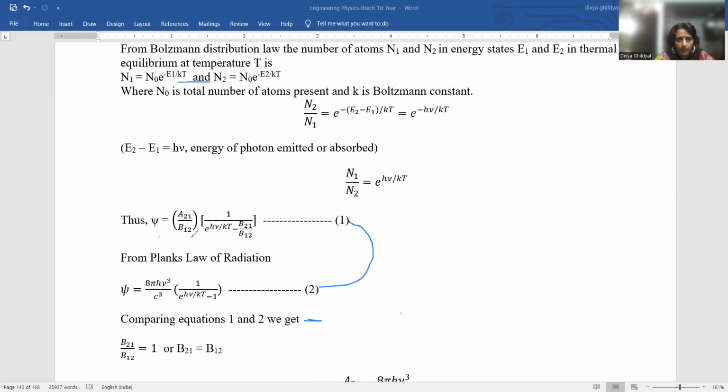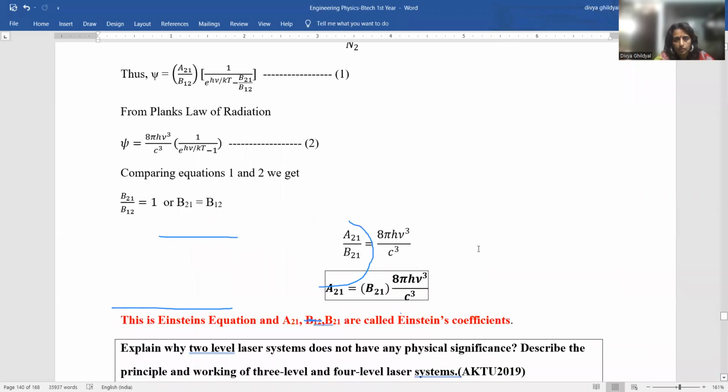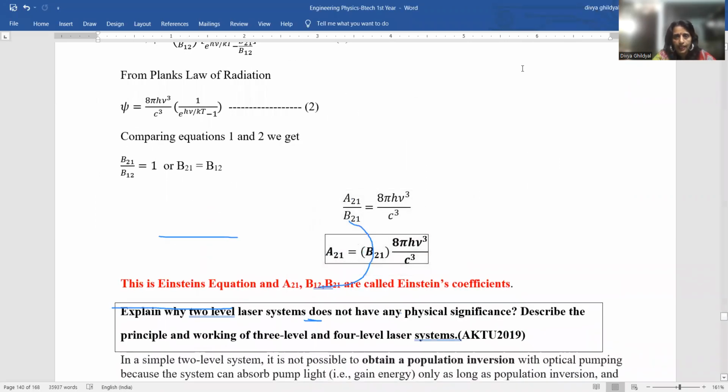We have compared these two expressions, and on comparing, this and this will get cancelled and you will be left with B21 equal to B12. You can try it on your own. It is very easy. And finally, we get the expression for the relation between Einstein's coefficients: A21 equals B21 into 8 pi h mu cube by c cube.